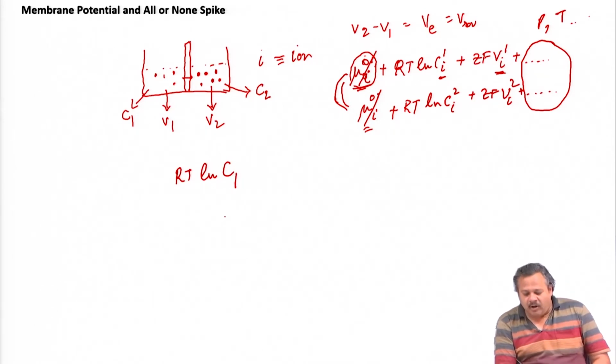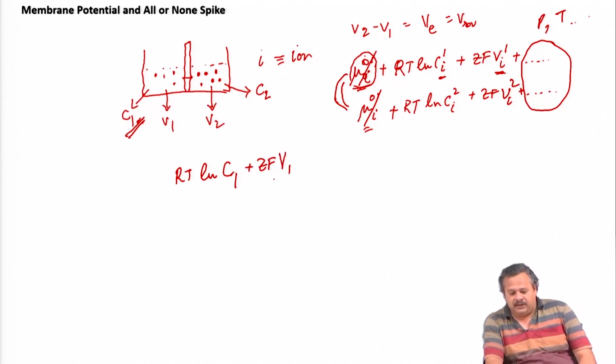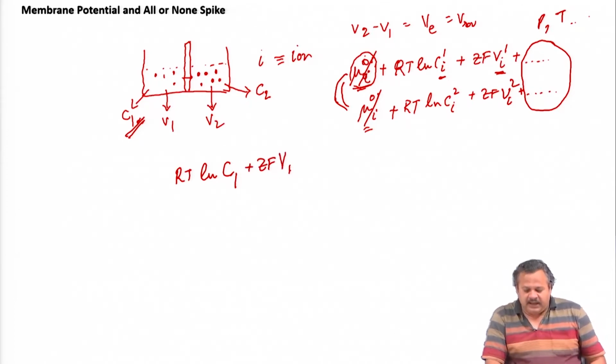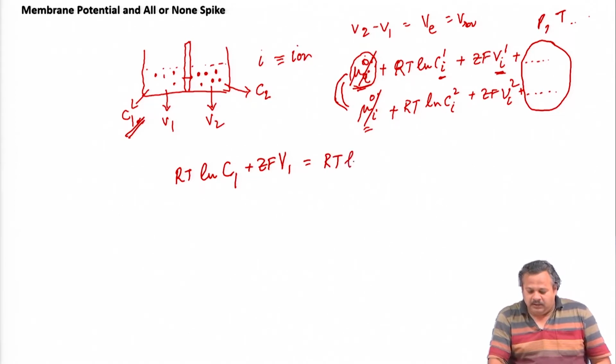C1. Let us drop the suffix I and return to this particular form of writing the concentration, that is C1. We are assuming that it is only ion I here, plus ZF V1. Again, we are dropping the suffix I and replacing V1 I by V1, and this will be equal to RT log C2 plus ZF V2.